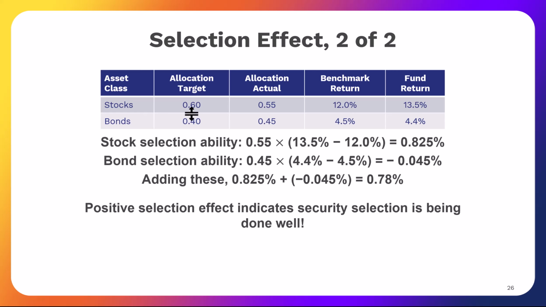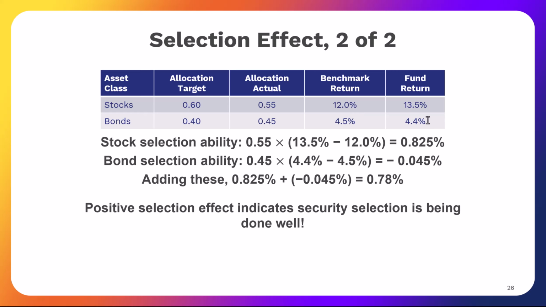So here we see we have the allocation target. We want 60-40. But after the market has happened and prices obviously changed, the actual allocation changed. It's now 55-45. The benchmark that created the 60-40 gave us 12%, and 4.5% is what the bonds made.